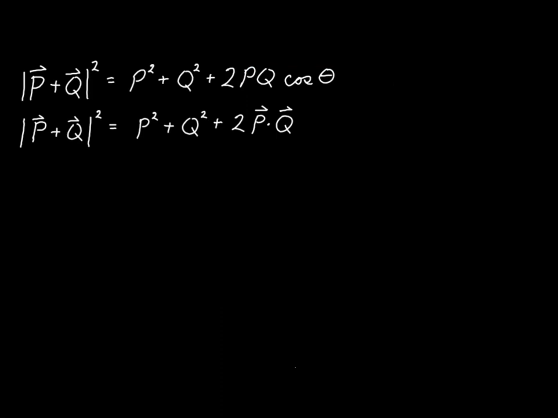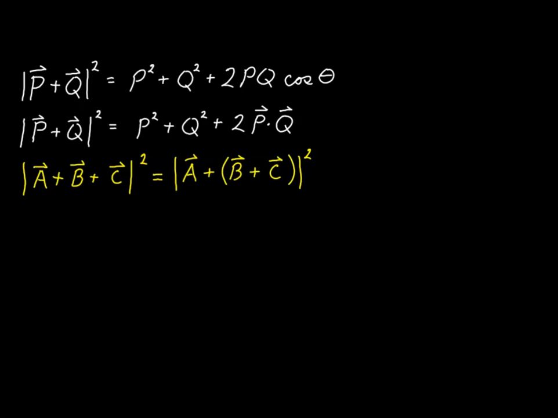Now, using this as a model, we want to explore what it might look like if we had three vectors. This time, we're going to associate vectors b and c together to represent a single vector. So we've got two vectors added together, and we've got the magnitude squared, so it follows this model.